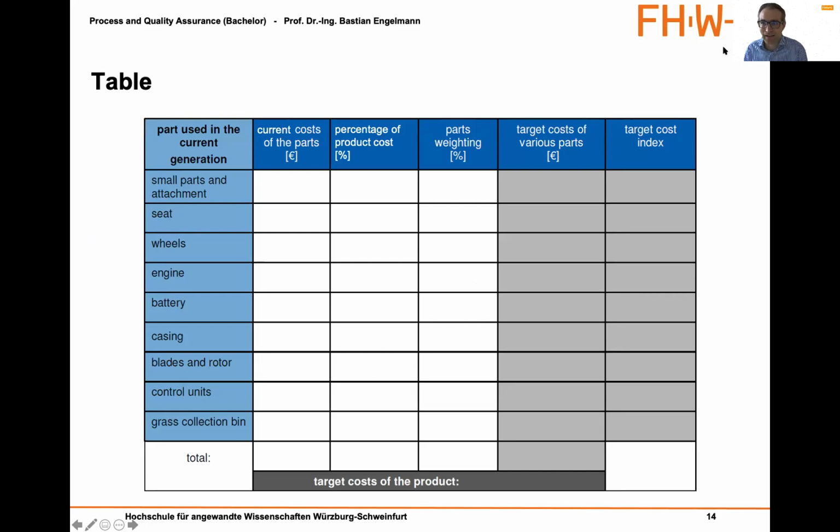Okay, so now things become a little heavier because we now do this distribution and splitting on all of the components, and it means that for all components, we have to find out what the target costs will be in the end. So the total of all the target costs of the various parts will sum up to the total target costs in the end.